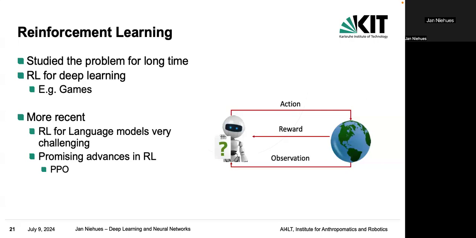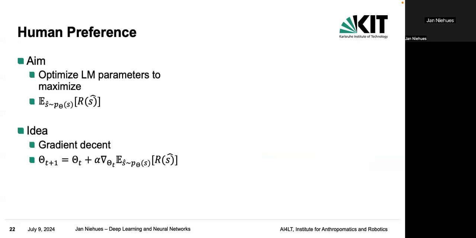So this wasn't too successful for some time, but especially in InstructGPT, and then also used in ChatGPT as a last step, based on the so-called PPO algorithm, there is a very successful way of doing that. That's what we want to look into today: how we can train our language model with a reinforcement learning algorithm to work that way.